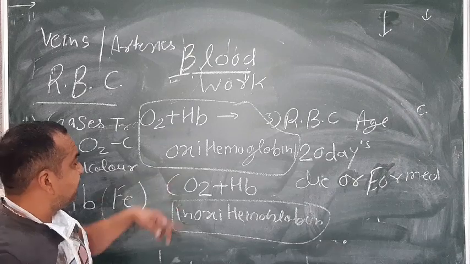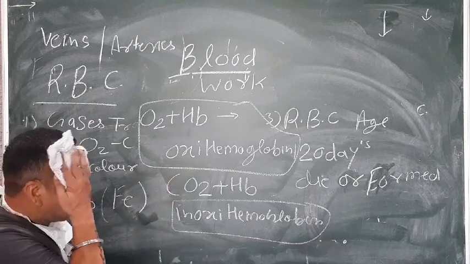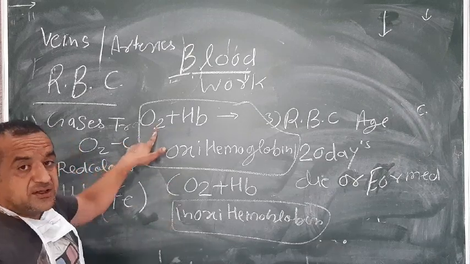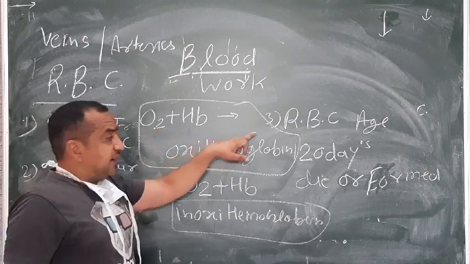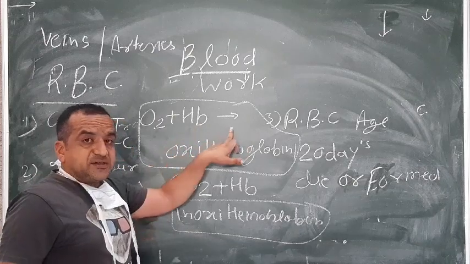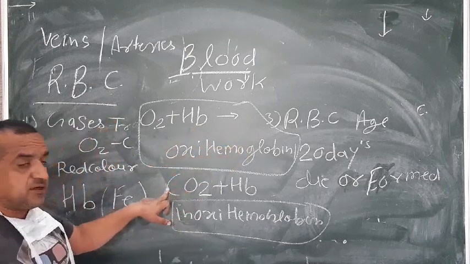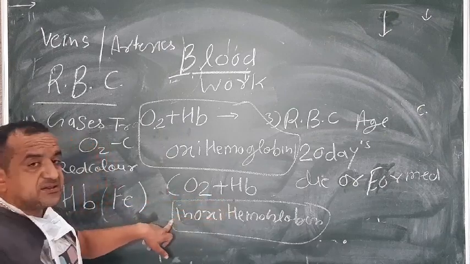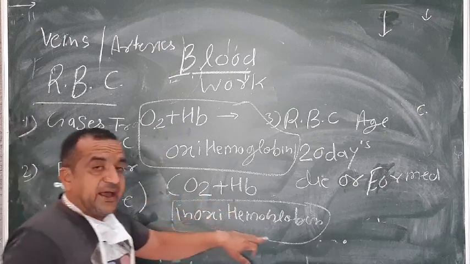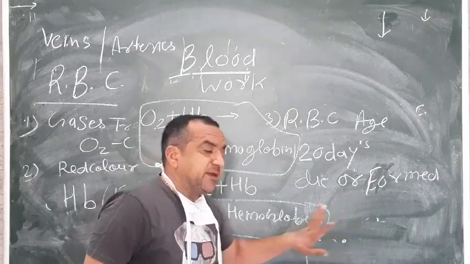Hemoglobin bonded with oxygen is called oxyhemoglobin and spreads oxygen to all parts of our body. When oxygen completes the oxidation process, carbon dioxide is formed. Carbon dioxide bonds with hemoglobin, is called deoxyhemoglobin, and is extracted from your body.